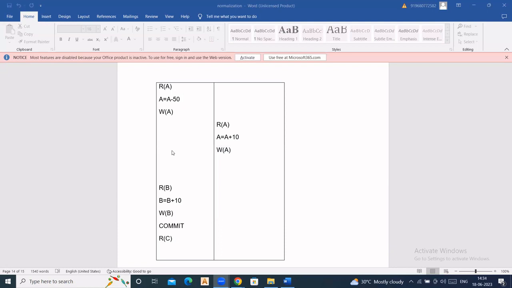Reading the same data after some period of gap is not a dirty read. It's an unrepeatable read. That point I am showing you. Here there is no commit, and then we are reading here. A is not committed here, still we are reading that. So that is a dirty read, reading of an uncommitted data.